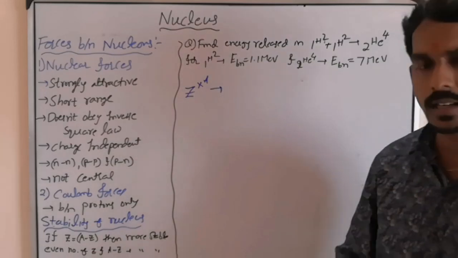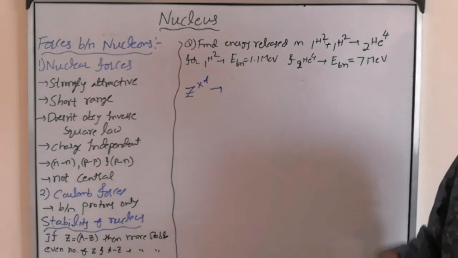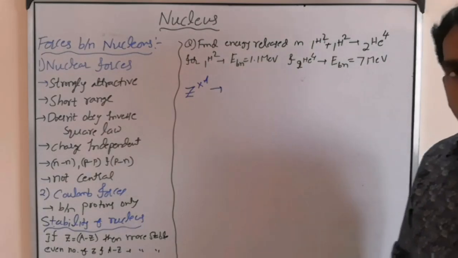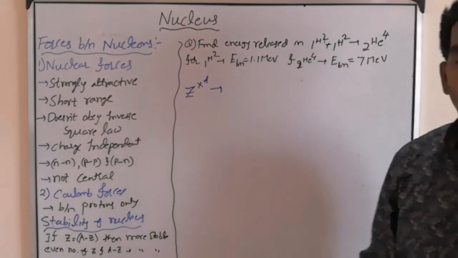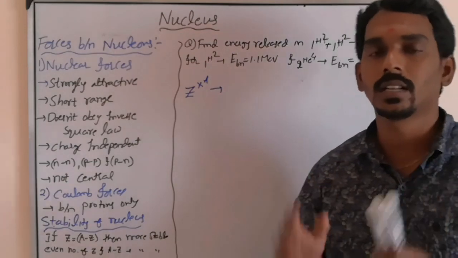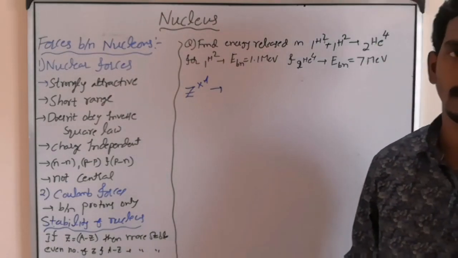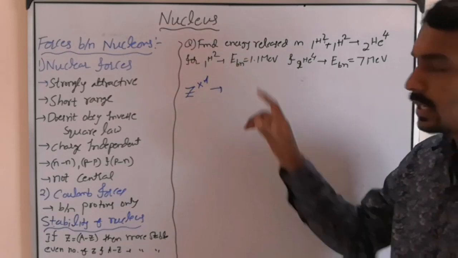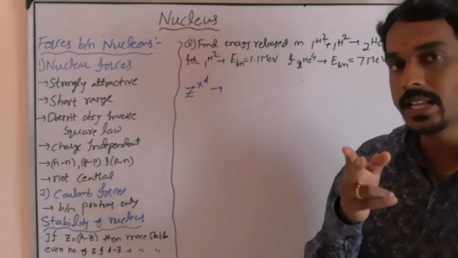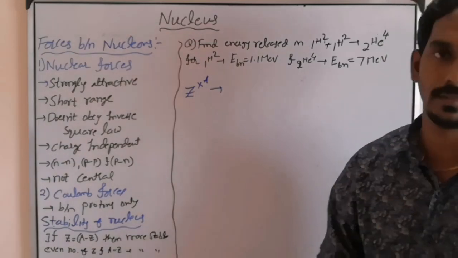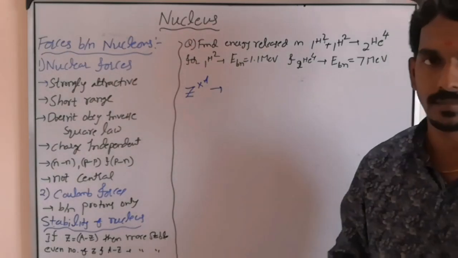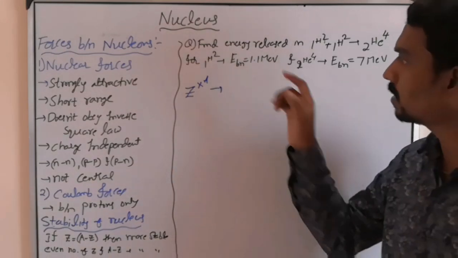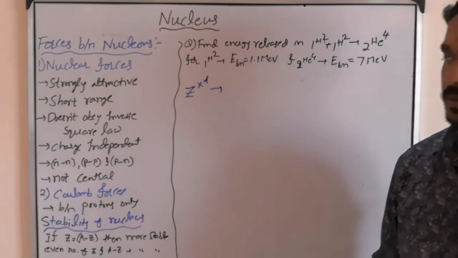Now for such reactions, they will give the binding energy of the reactants and the binding energy of the product. Then they will ask how much energy is released. Like in this given question, for 1H2 they have given EBN, not binding energy but binding energy per nucleon, 1.1 mega electron volt.